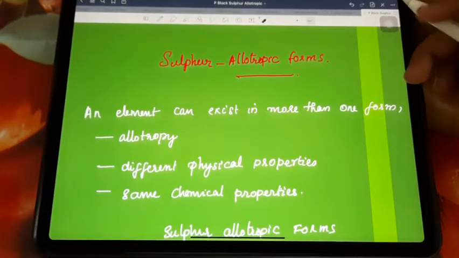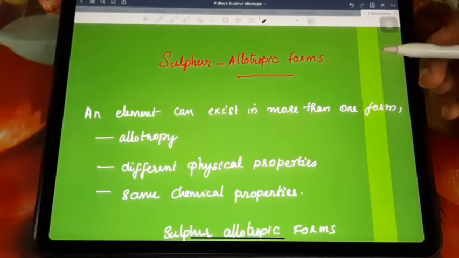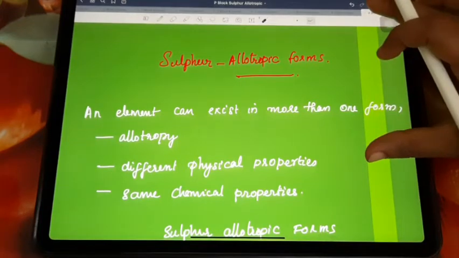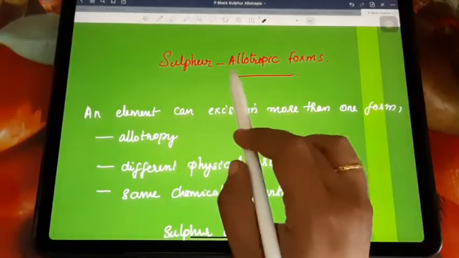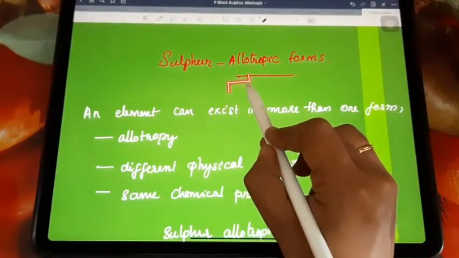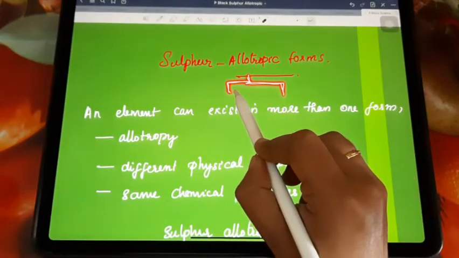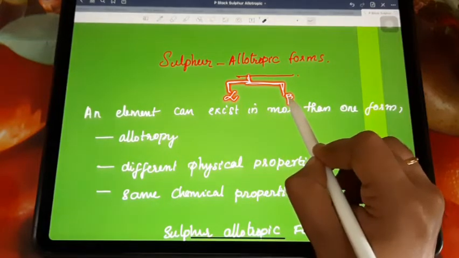The specialty of allotropes is that all the forms in which the element can exist have different physical properties and the same chemical properties. In the case of sulfur, a lot of allotropic forms are possible, but in your textbook and in this 12th standard we have to study only two allotropic forms of sulfur, alpha sulfur and beta sulfur.